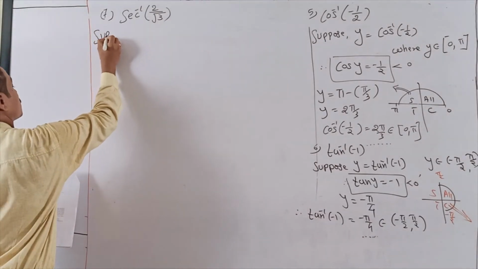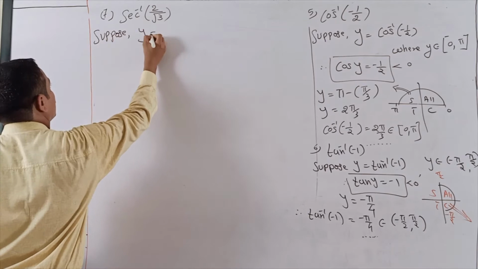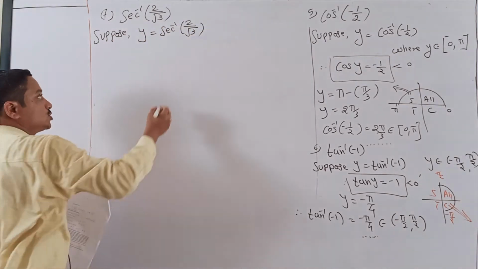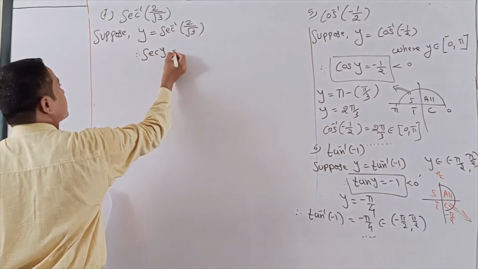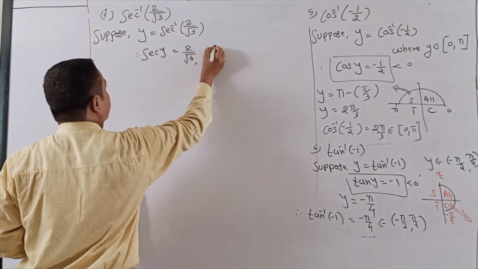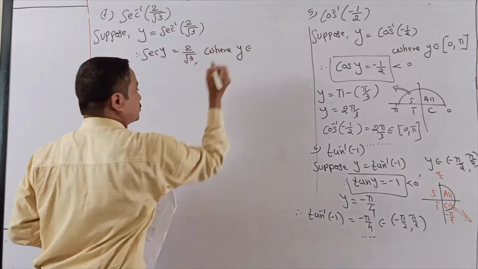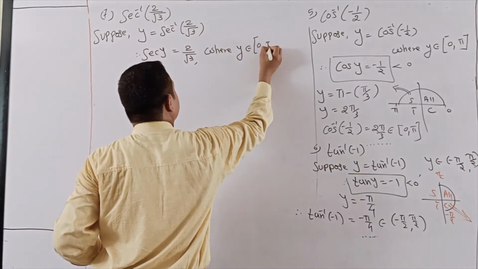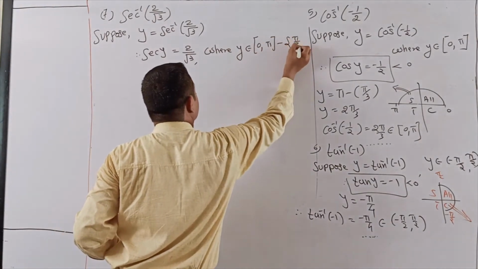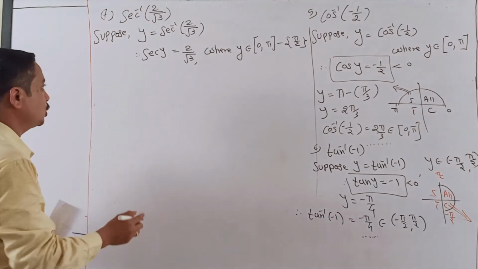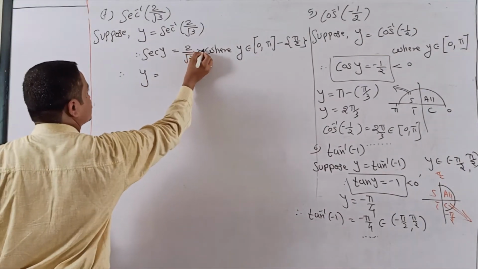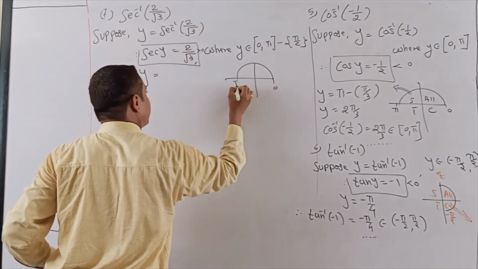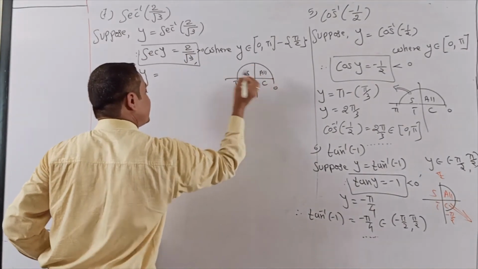Suppose y is equal to your question. Students, necessarily write down the method. So what is sec y? 2 by root 3, where y belongs to the range of sec inverse, which is the closed bracket 0 to pi minus pi by 2. Now tell me, sec is positive in the range 0 to pi, definitely all as EC wise.